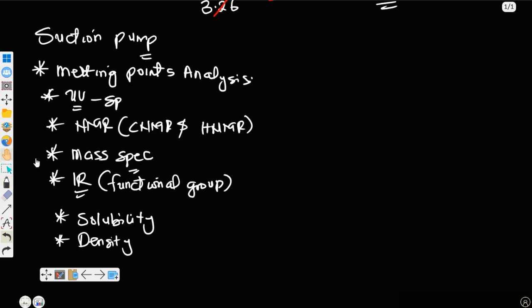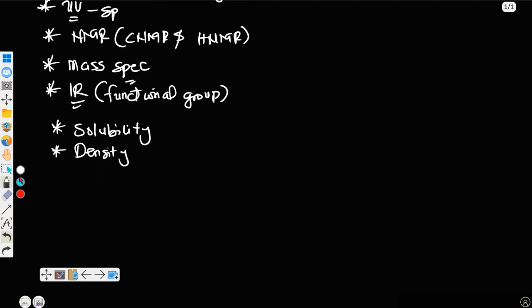And then lastly, you may be asked the pharmaceutical application. What are the pharmaceutical applications of aspirin? It's very easy now. Aspirin is an analgesic. That is all. Right?